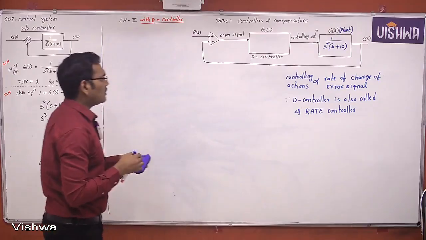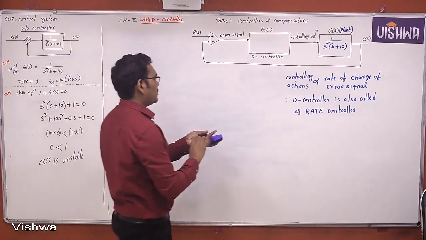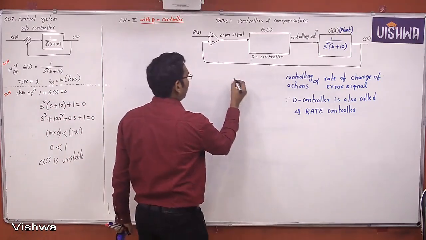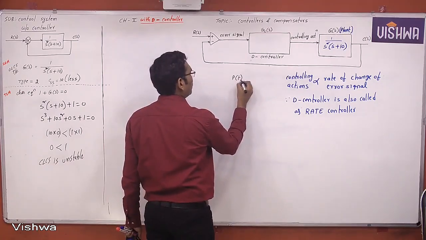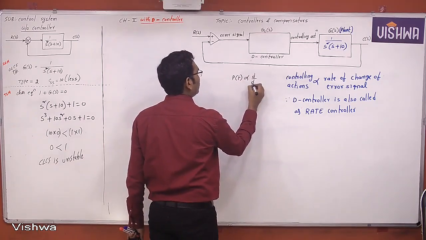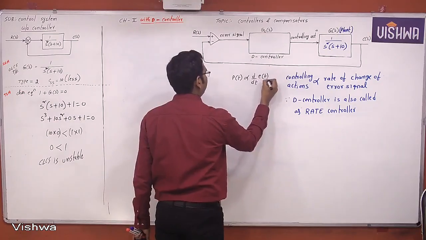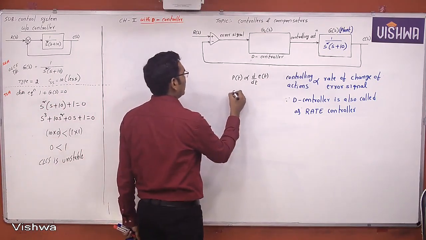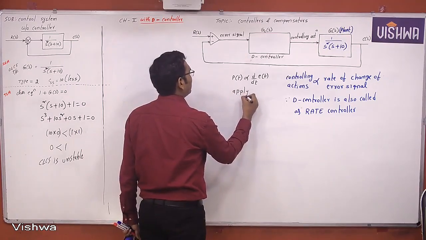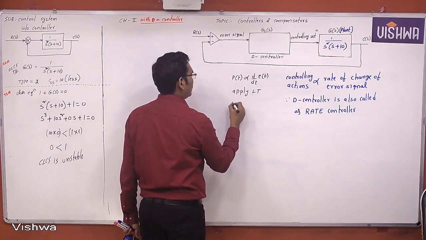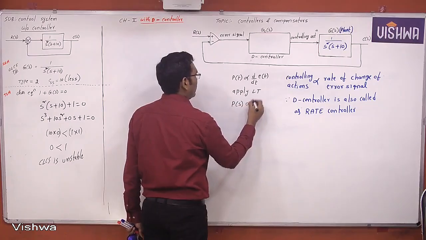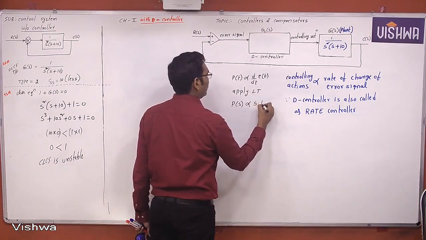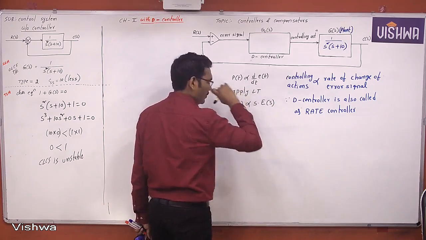Understand now? Now see what the controlling action is. The controlling action P of t is proportional to rate of change of error signal. Apply Laplace transformation. Laplace transformation of P of t is P of s, proportional to the Laplace transformation of the derivative, which is s into E of s.